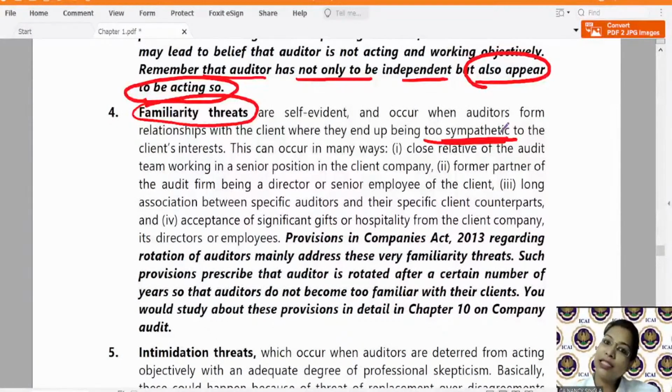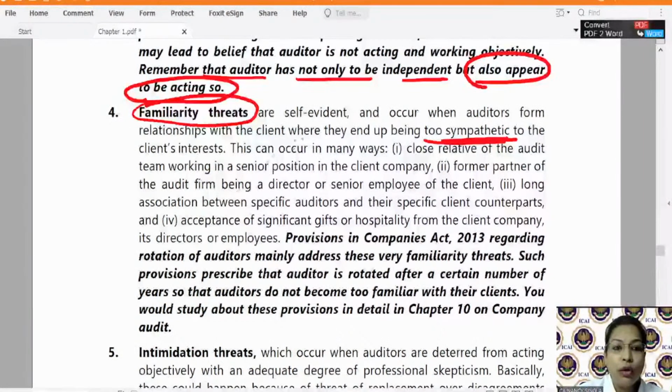This happens, right? You know someone for 10 years, for the last 10 years you're working with someone, you are not in a position to tell them that you are wrong. So independence in mind is in danger.